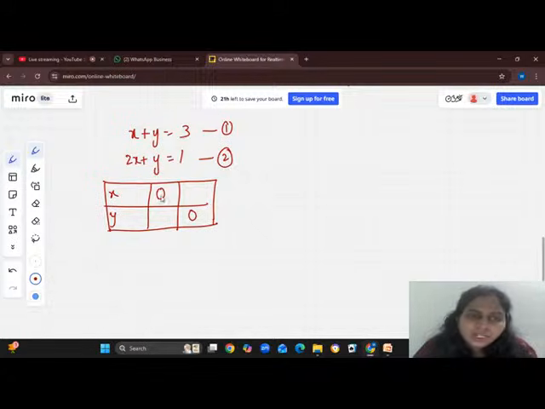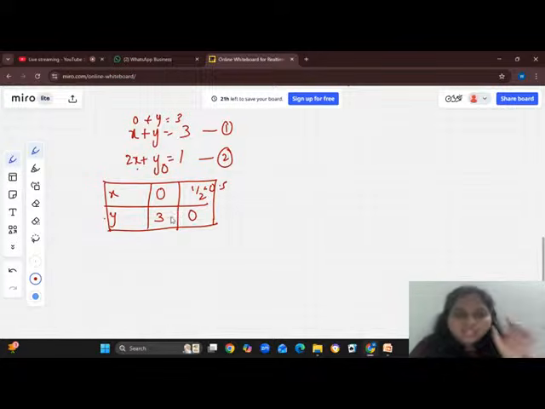If I substitute x value 0, 0 plus y equal to 3, so y becomes 3. And if I take y value 0, x will be equal to 1 by 2, that is 0.5. So take only two values, x value 0 and y value 0, and draw your table.